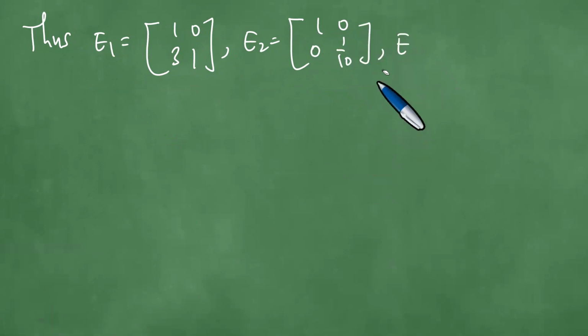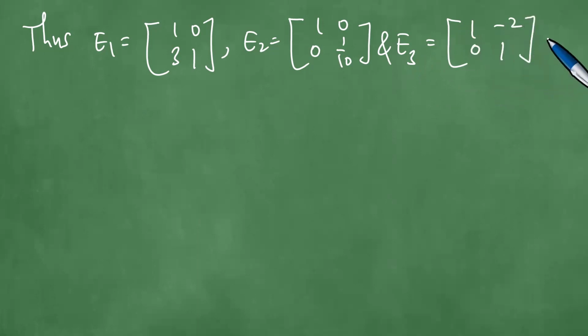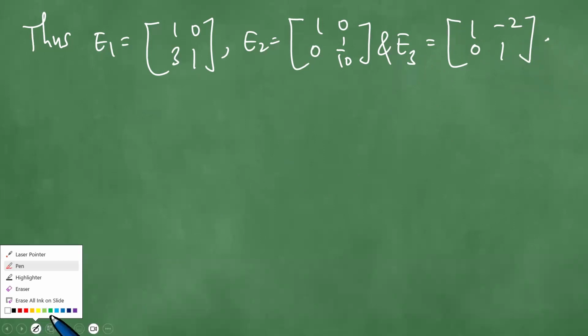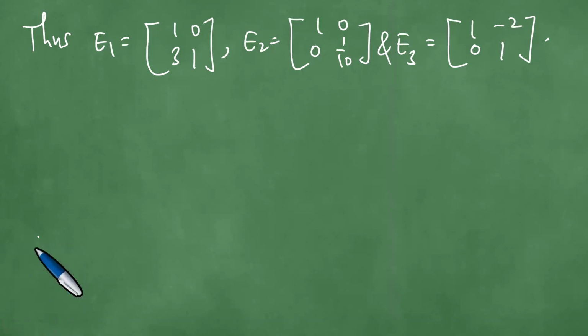And we have the third elementary matrix, which is exactly 1 minus 2, 0, 1. Okay, now we have this. But now what is important is that we have the following observation to make.